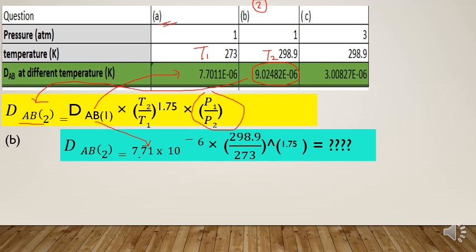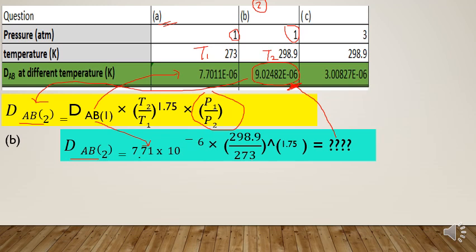This is because the pressure for question A and question B is the same, so there is no point in substituting it into the equation. Then I can simply calculate the DAB2 for question B by using this equation. Lastly, I managed to get this DAB for question B.